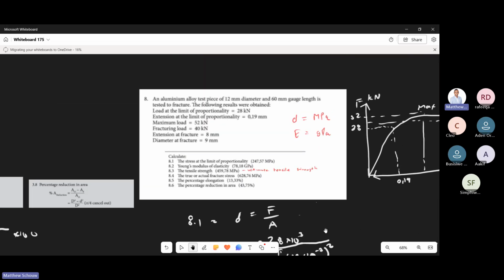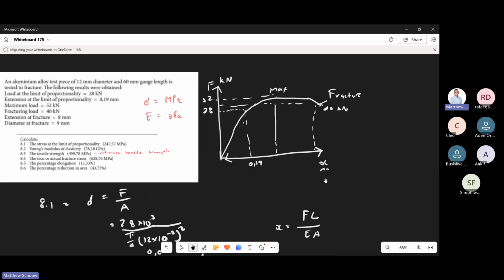If I come here, we look at the extension at fracture. At this point, we've extended a total amount of 8 millimeters. So let's say we had a specimen like this initially. Oh no, I must be careful. Is that a change in length? Okay, let me just see.